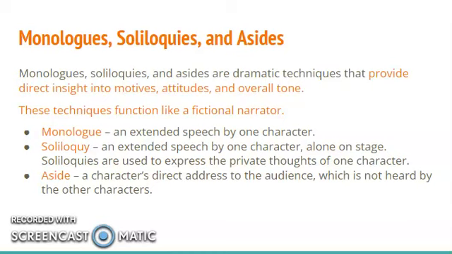This is when a character is breaking the fourth wall and acknowledging the audience and saying something to them. Usually when a play is being performed, the actors and characters go on telling the story as if the audience isn't really there. There's that separation, but this is where they break that fourth wall and break the separation.